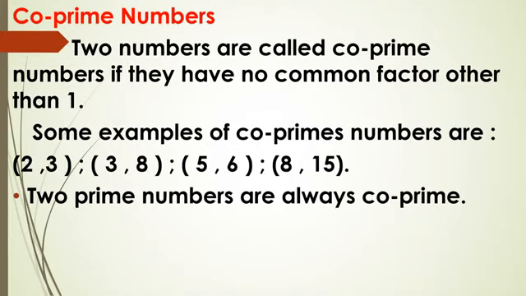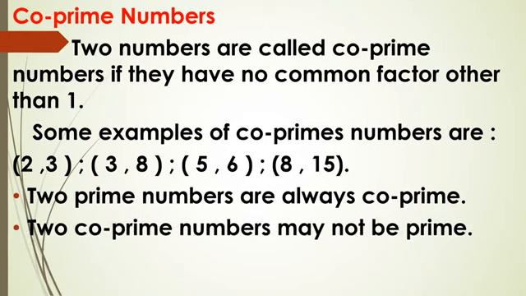Second, two co-prime numbers may not be prime, it is not necessary that co-prime numbers are always prime numbers. Now see the last example, 8 and 15. Neither 8 nor 15 is a prime number. Both are composite numbers, but they are co-prime because their common factor is 1 only. Check it while doing.